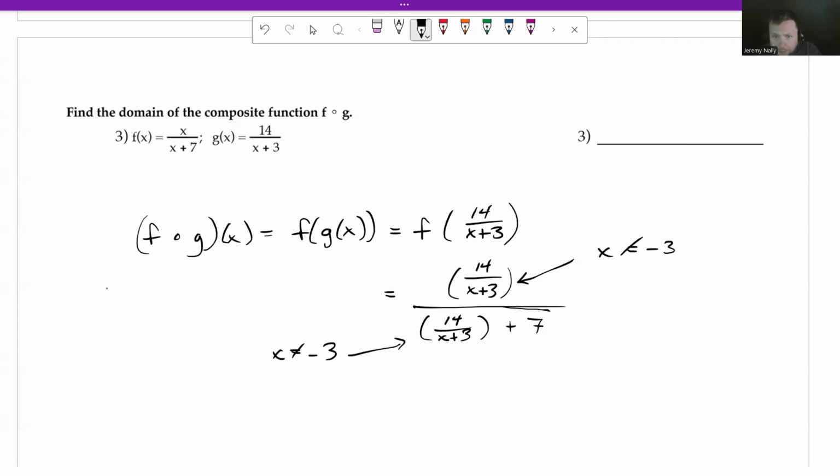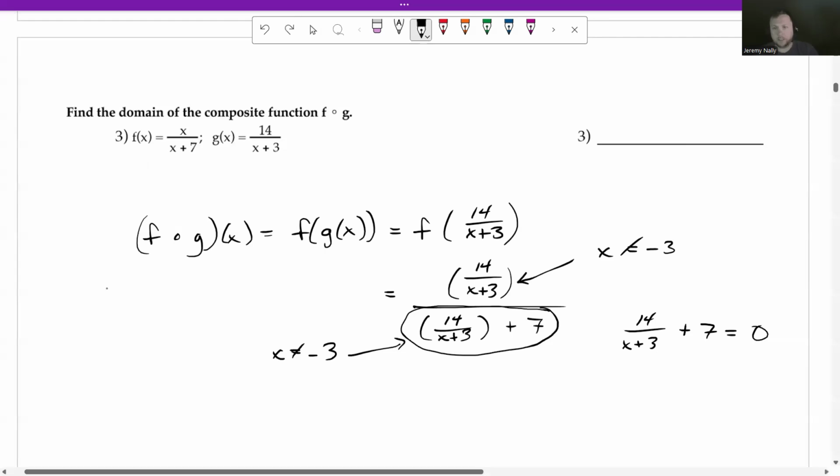Now, if we look here, we have in the denominator this inside function, g of x, and if this is equal to -7 anywhere, it's going to cancel out and make that 0. So we can go through and just solve this.